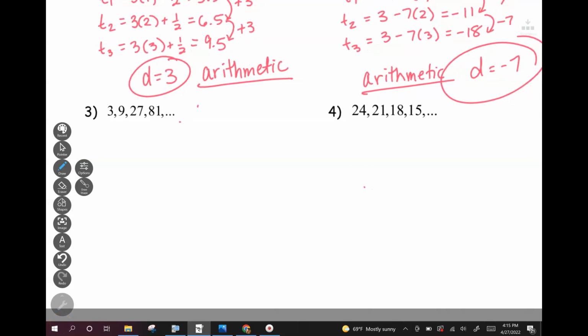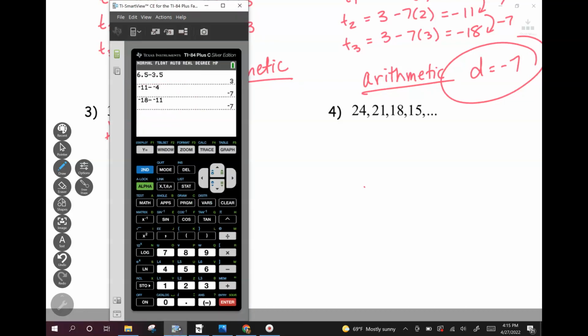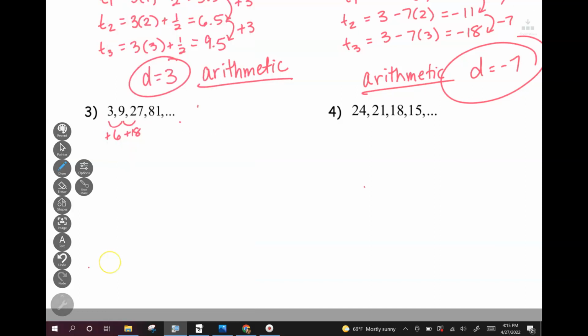All right, so on number 3, we're adding 6 on the first one, and then from 9 to 27, actually adding 18. And again, in your calculator, you could do 9 minus 3, okay, that's 6, and then 27 minus 9, 18.